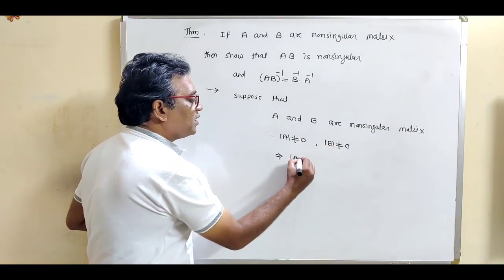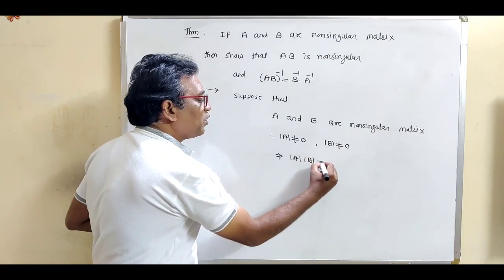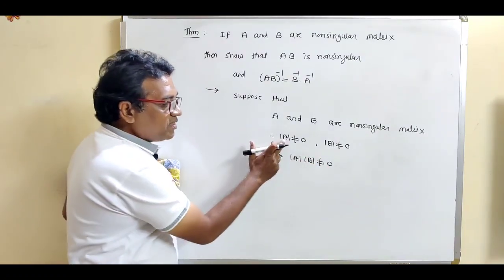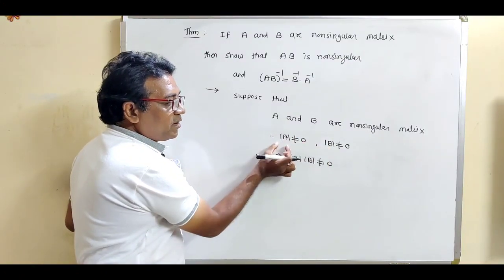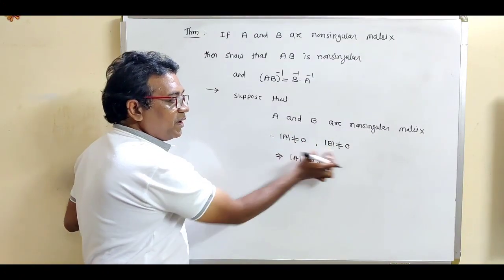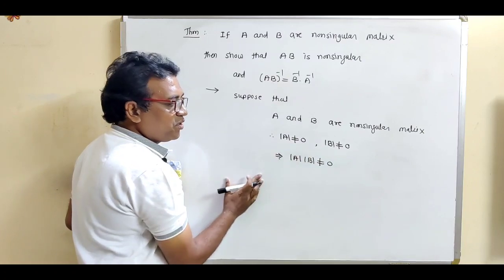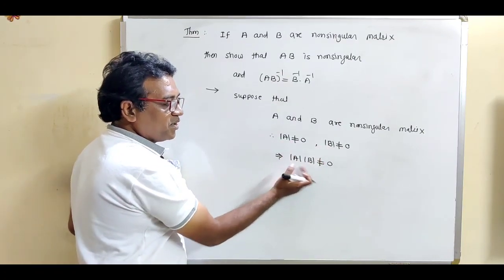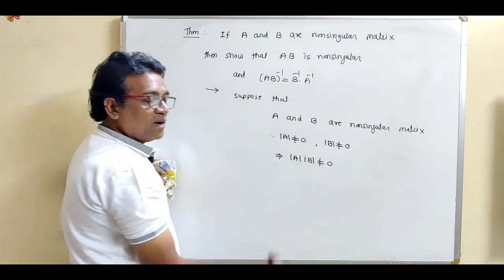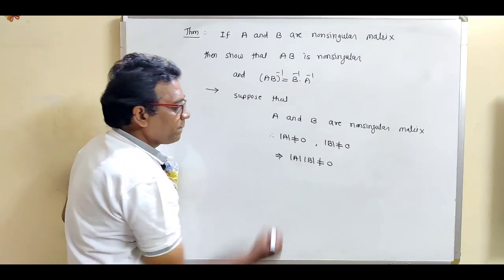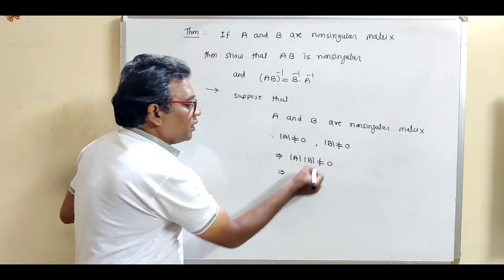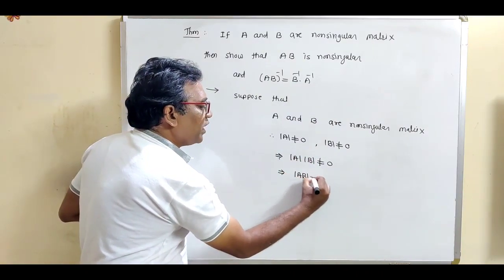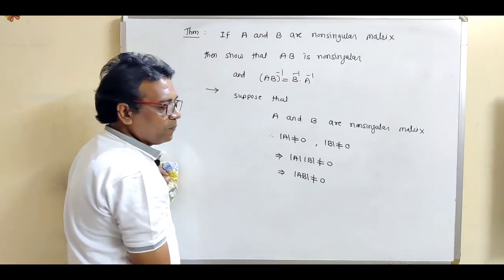So obviously determinant of A into determinant of B, this product, is again a non-zero number, because these are non-zero terms. Determinant A is a non-zero term, determinant B is again a non-zero term. So obviously if we take the product of these two non-zero terms, their product is again a non-zero product. So this implies determinant A into determinant B, this is determinant of AB, is not equal to 0.